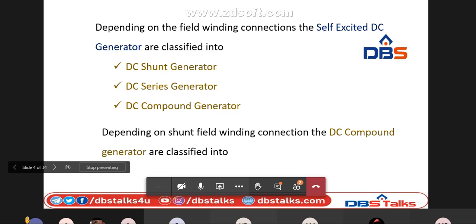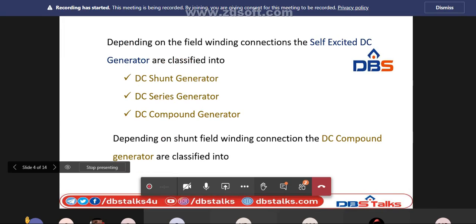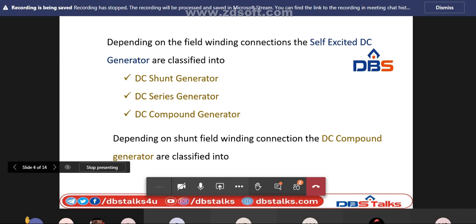How do you classify shunt, series, long shunt, short shunt? Suppose we give the excitation or supply across the field only, then the generator is called a shunt generator. Suppose we connect it in series, then it is called a series generator, and if we utilize both, that is the compound generator. Then long shunt and short shunt.